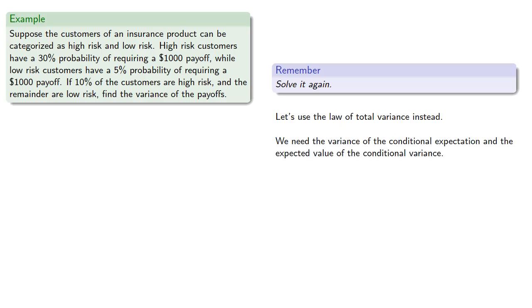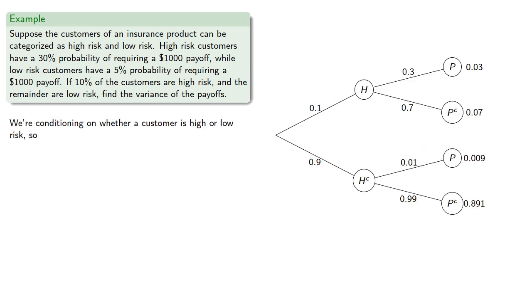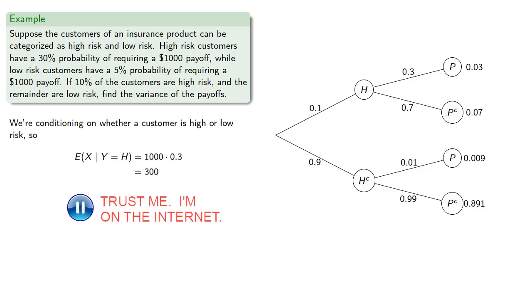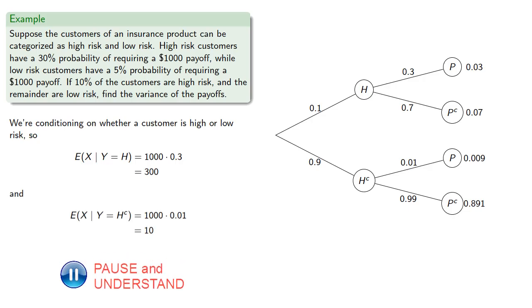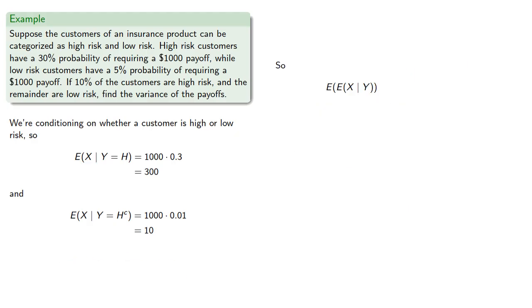We need the variance of the conditional expectation and the expected value of the conditional variance. So we're conditioning on whether a customer is high or low risk. So our expected value of the payoff given that the customer is high risk is, and the expected value given that the customer is low risk will be, so the expected value of the conditional expectation.